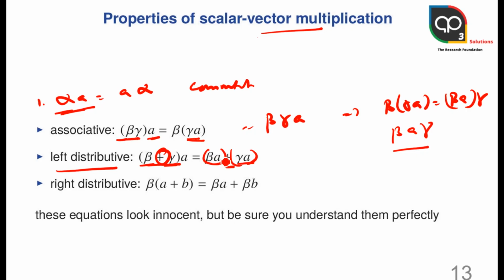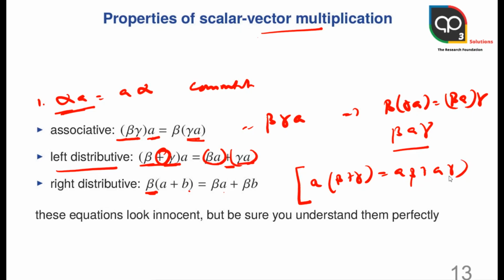When scalar multiplication is written with the scalar on the right, we have the right distributive property. Dear friends, I specified beta into (A plus B), which is equal to beta A plus beta B. One more property I can write: A into (beta plus gamma), which is equal to A beta plus A gamma.